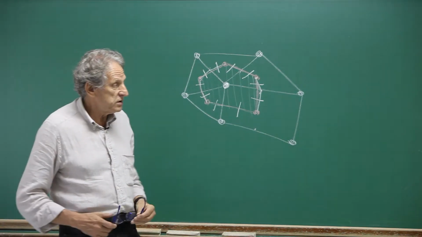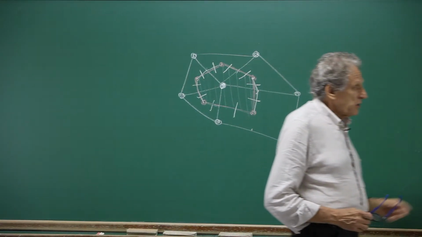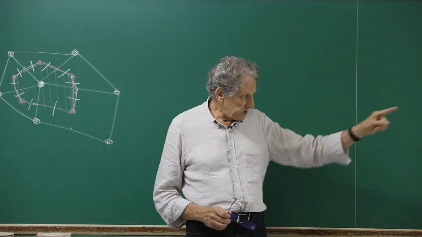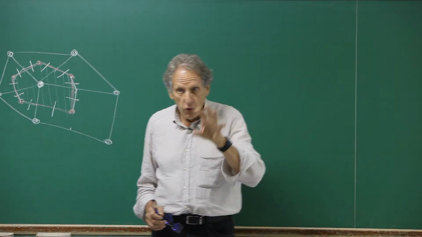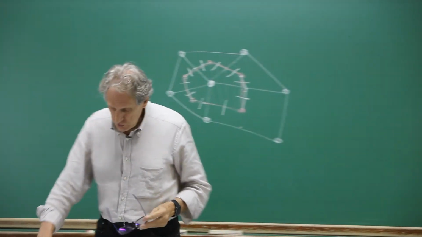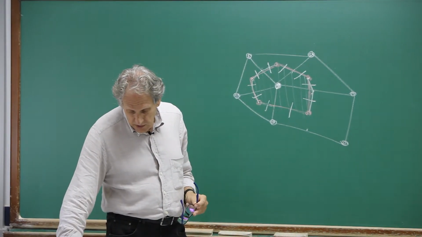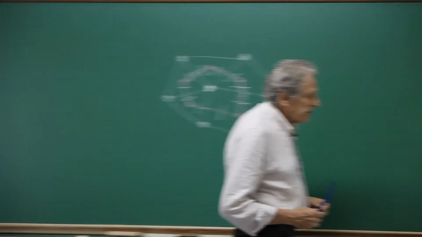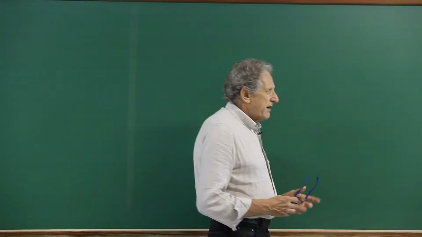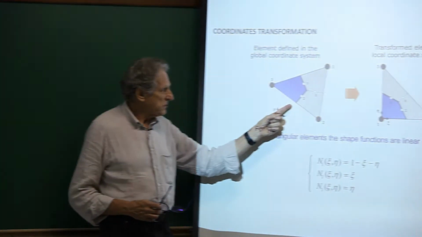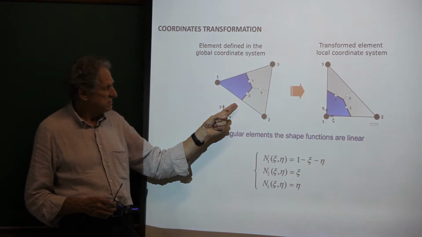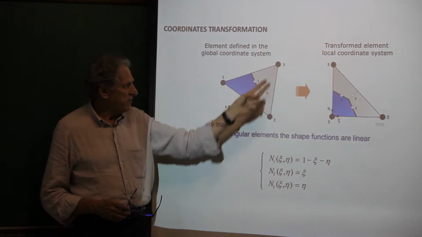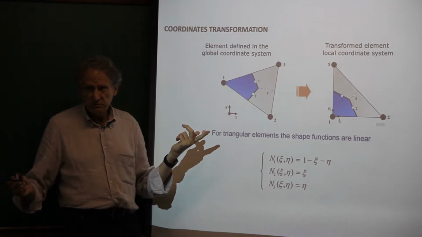This is the transformation for a quadrangular element. The shape functions, I have 4 of them, N1, N2, N3, and N4. If it's a triangle, it's the same. You have your triangular shape here, 3 vertices, 3 nodes.